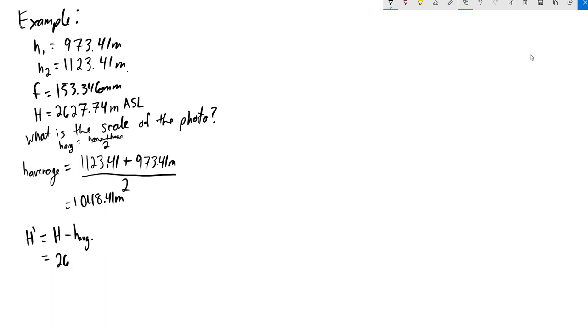So we would say 2627.74 meters minus my 1048.41 meters. And we get a flying height of 1579.33 meters above the ground.